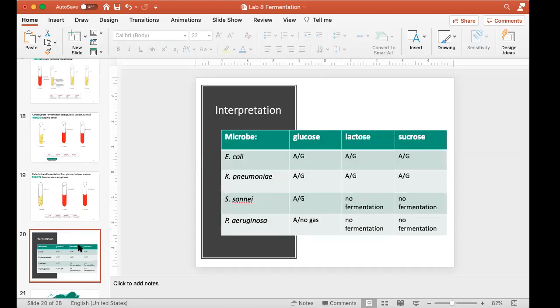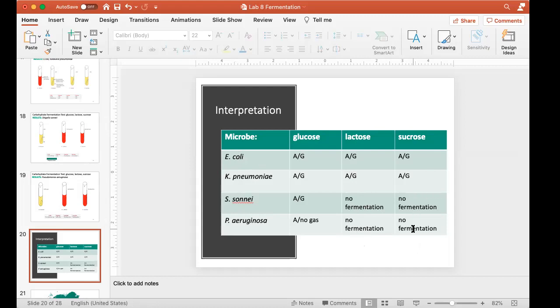So I put all those results together for us right here. E. coli, Klebsiella pneumoniae, these are two coliforms, so we know that they can ferment lactose. But we also now know they can ferment glucose, they can ferment sucrose. Shigella sonnei, see, even I do it. Shigella sonnei, Pseudomonas aeruginosa, no, they're not coliforms. They cannot ferment lactose. They are also not able to ferment sucrose.